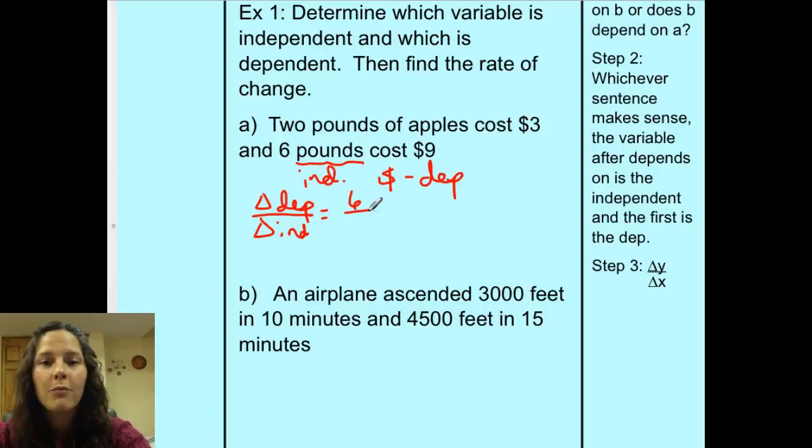The pounds went from 2 to 6, so we had an increase of 4 pounds. Simplifying, this gives us 3 halves, but when we put the label on it, we're talking about money per pound. So we would not say 3 halves dollars per pound. We would convert this to money, and the apples cost $1.50 per pound.